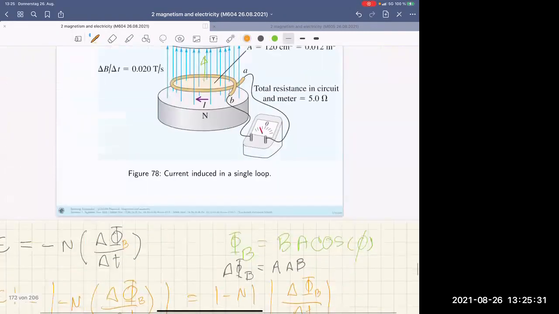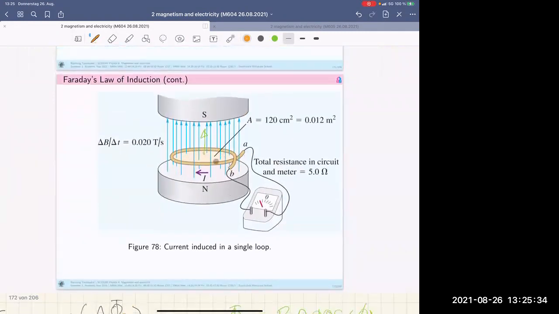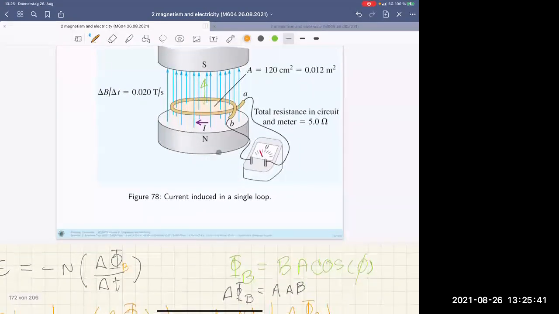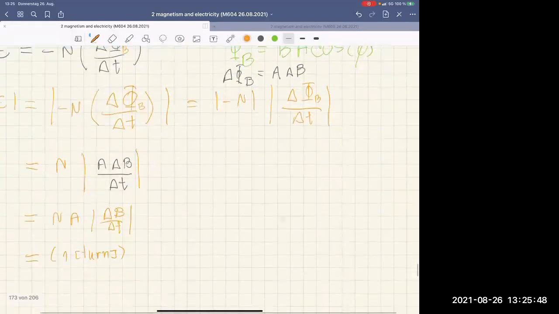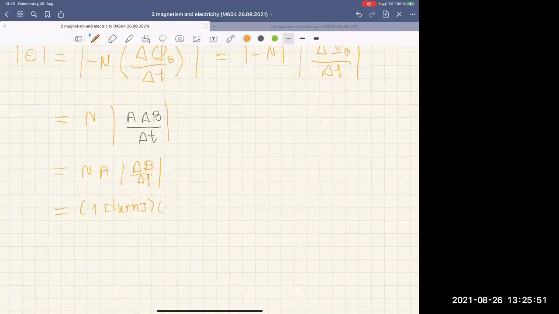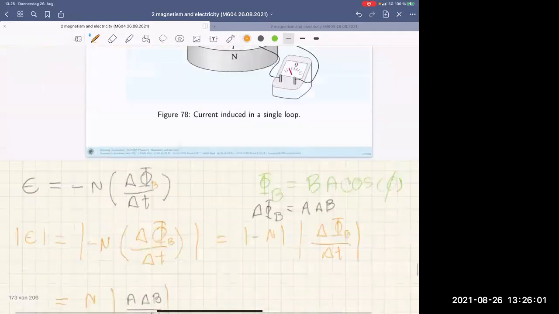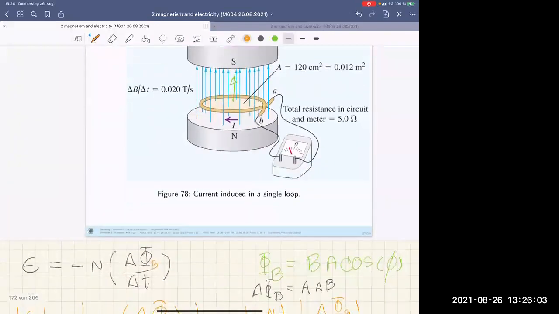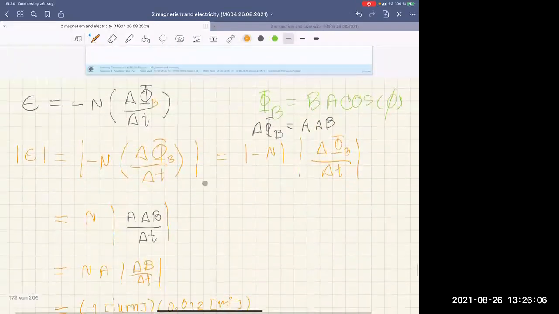And A is the area of this conductor. We don't know whether it's a circle or a rectangle; they didn't say the detail. So we will substitute 0.012 square meter for the variable A, and delta B by delta t is what they have already provided here, which is 0.02.